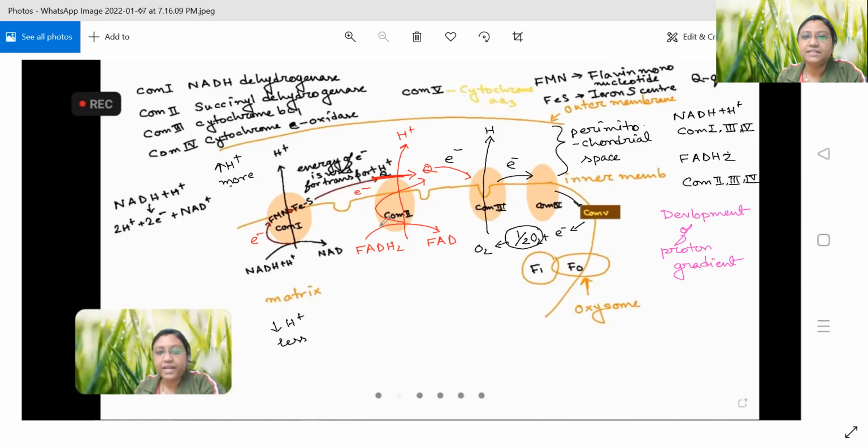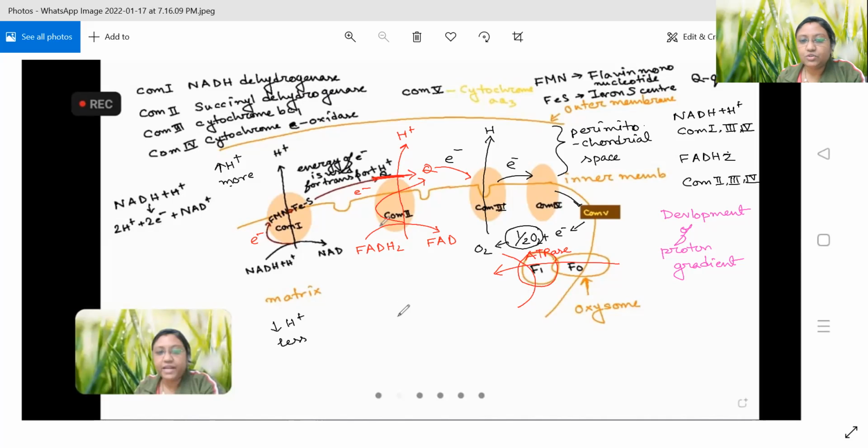Now using this energy, the proton will be transported from outside to inside. And as I discussed in photosynthesis, that this head of oxysome is having ATPase. What it has? It has ATPase enzyme.